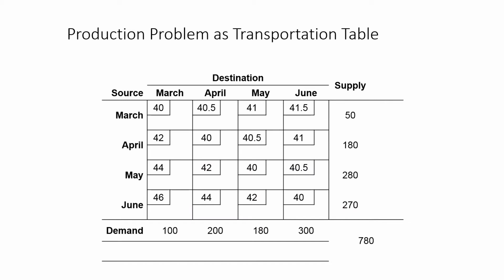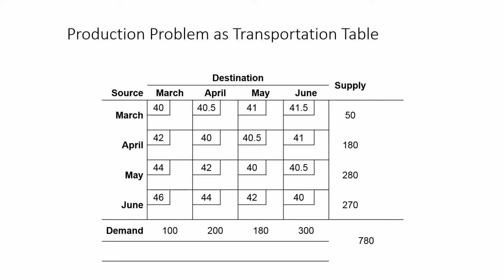Here's a transportation table that goes along with the same network, and it shows the cost of production, which is the transportation cost in this case. From March to March means that you produce a backpack in March and you sell it in March at a cost of $40. But if you produce something in March and you sell it in April, that means you have left it in inventory for 1 month, which is 50 cents on top of the production cost of $40.